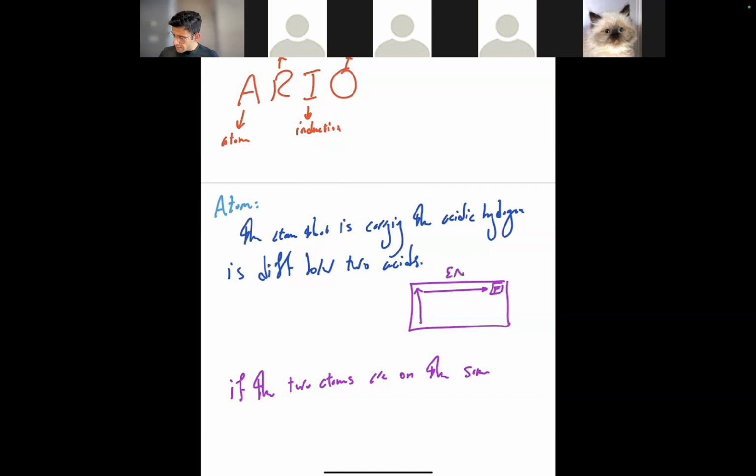So that's EN, and radius is exactly the opposite. You just need to know when to focus on which, because they're literally opposite.